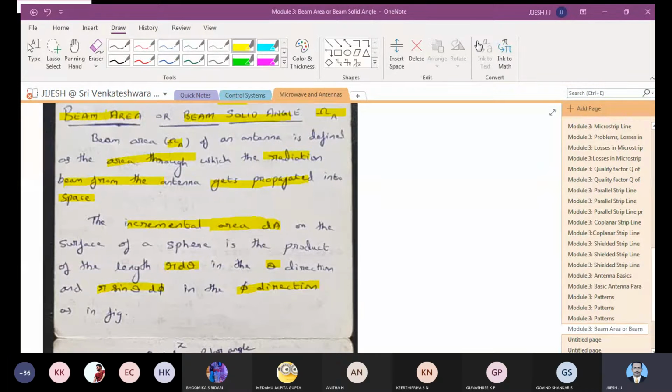Then you can subsequently draw this figure as well. This figure I will be explaining to you.